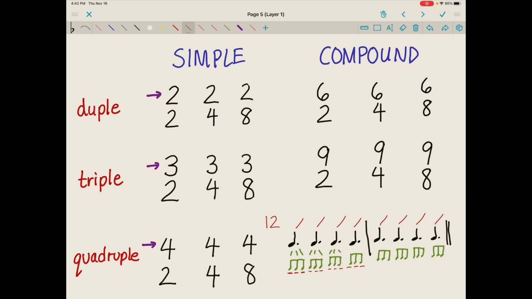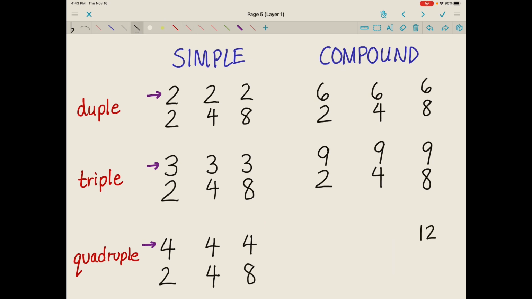So in this case, it's an 8th note. An 8th note will be represented by an 8 as the bottom number of the time signature. 12/8 time is an example of compound quadruple time. 12/8 meter is one example of compound quadruple time.